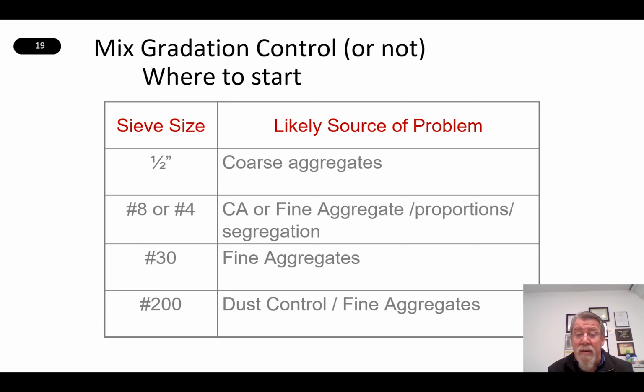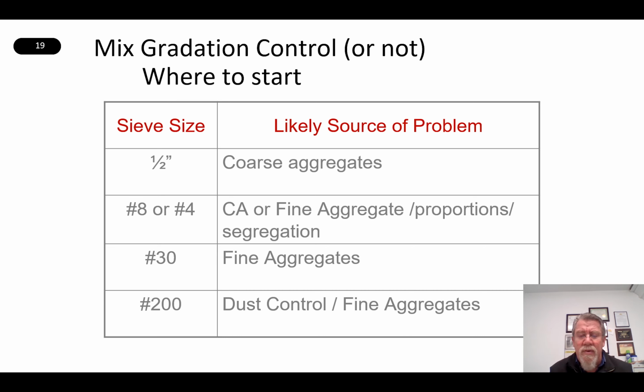Most likely, if you're having some mix issues or varying mix issues, look at the half-inch sieve for the top part of your aggregates. For looking at the difference between coarse ag and fine ag portions, mainly looking at segregation, and I'll go into that a couple slides later, look at the number 8 sieve and the number 4 sieve, and monitor that sieve.